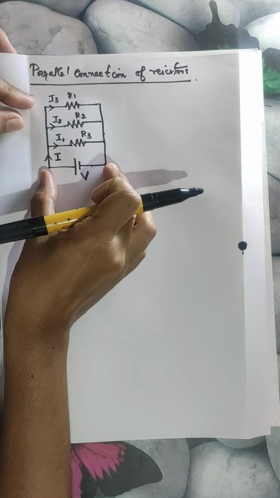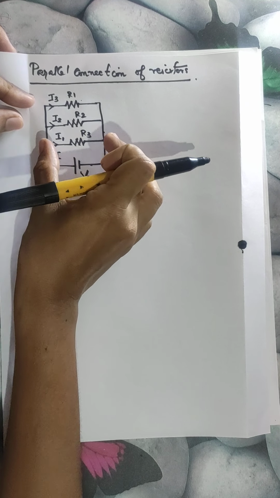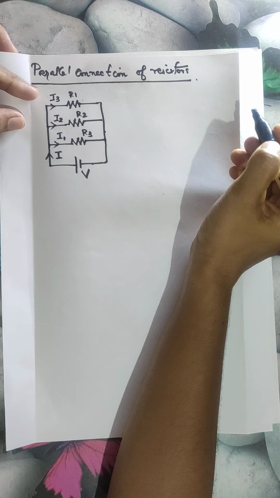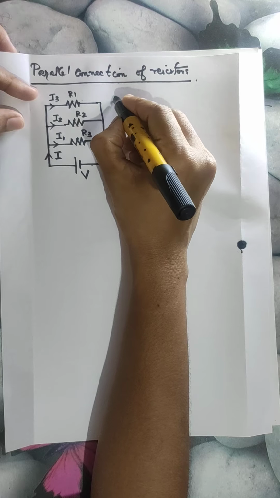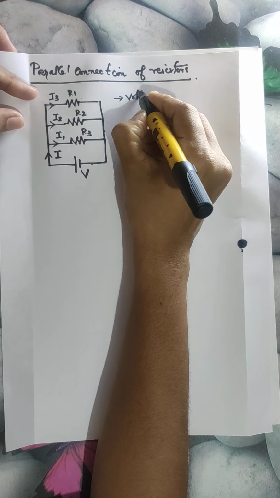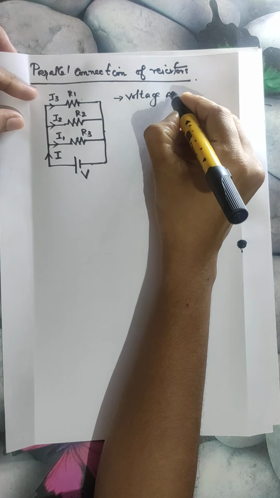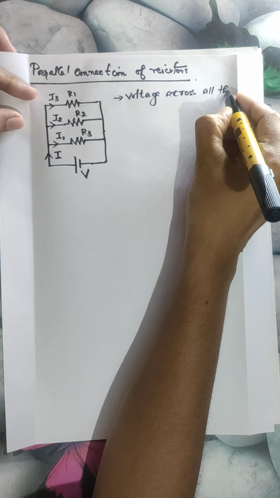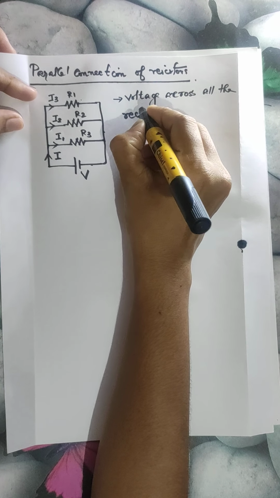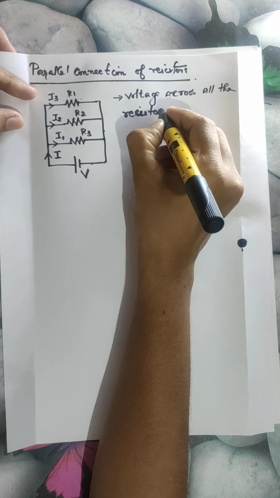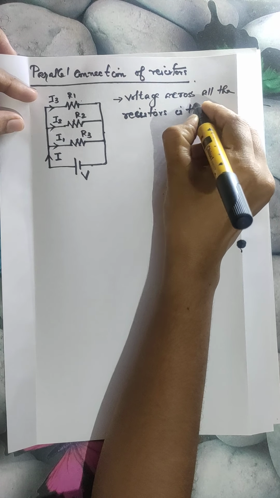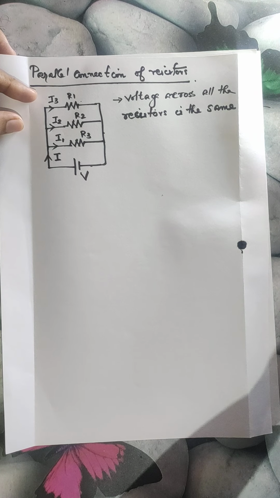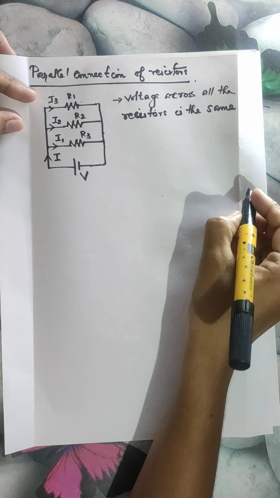So the main feature of a parallel circuit is that voltage across all the resistors is the same. So this is the main feature of a parallel resistive circuit.